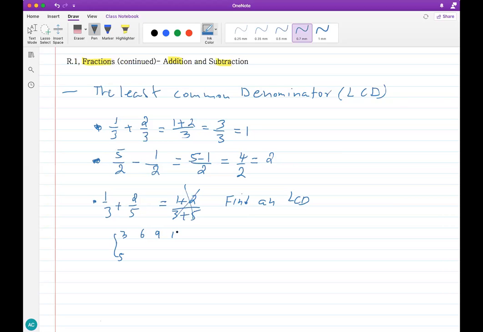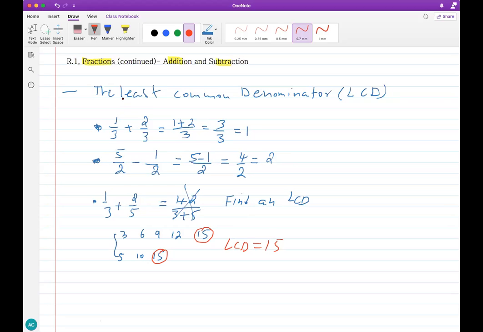Then 12, and 15. Then you repeat the same thing with 5. The first multiple of 5? 10. Then 15. So once you see that common multiple, that's when you stop. That's the least one. Okay, so the LCD equals 15.